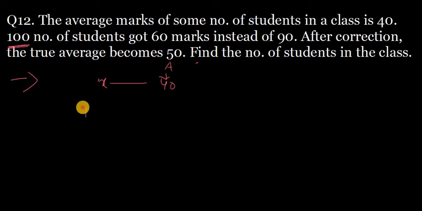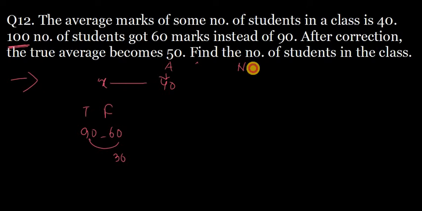100 students got 60 marks in place of 90. So 90 should have been given, but 60 marks were given, so the difference is 30.